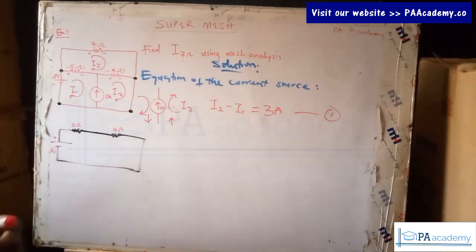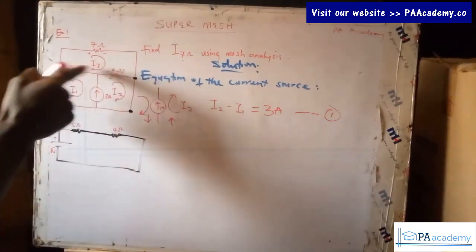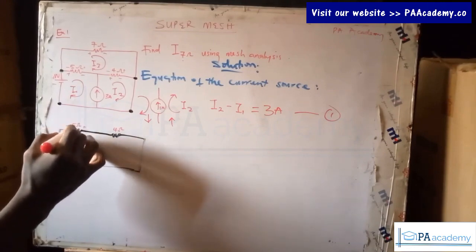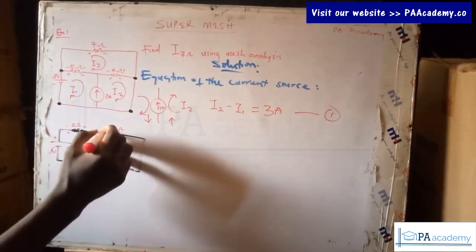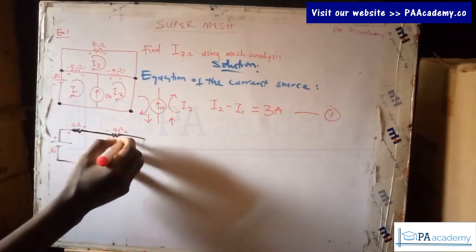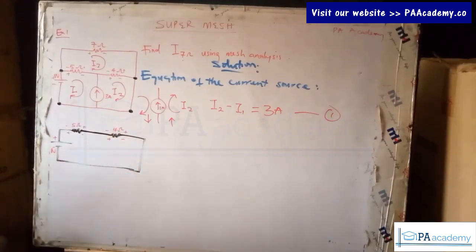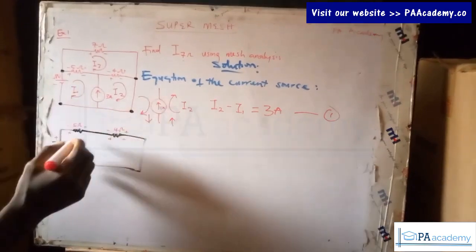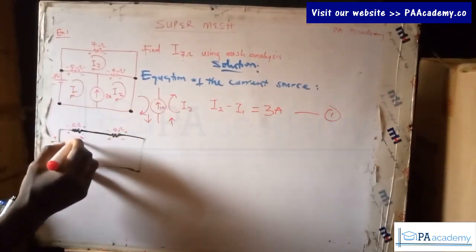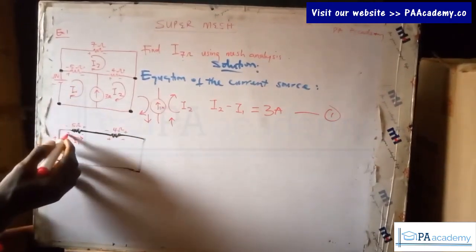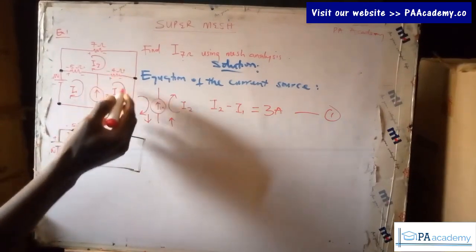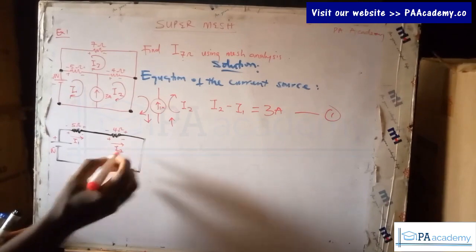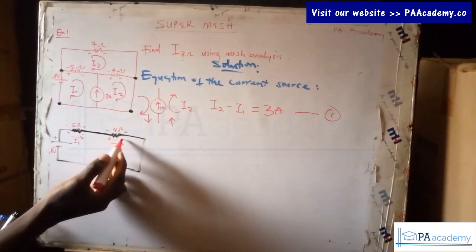Alright, now let's add the polarities. The same polarities that we have there is what we are going to be having here. So this is plus, minus, this is plus, minus, minus and then plus, this is plus, minus. And all of these are because of the current that is flowing through it. Now, this I1 is flowing through it in this direction, and that's why we are having positive to negative. For this 4 ohm resistor, I2 is flowing through it in this direction, that's why we are having positive to negative. Exactly.